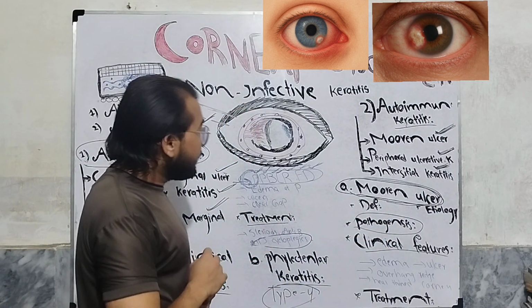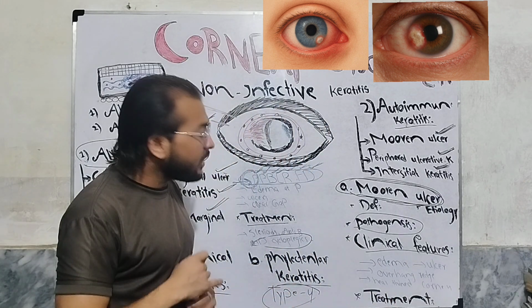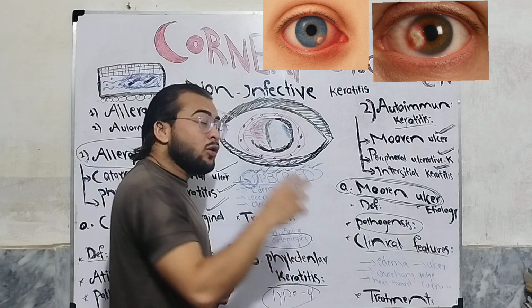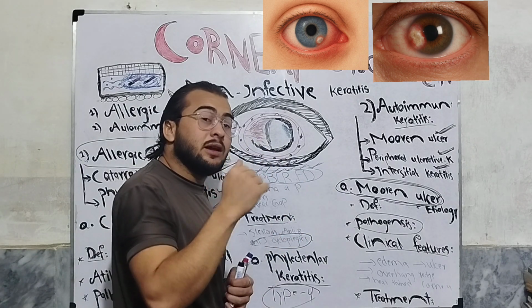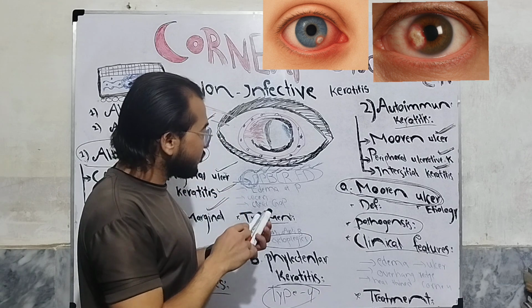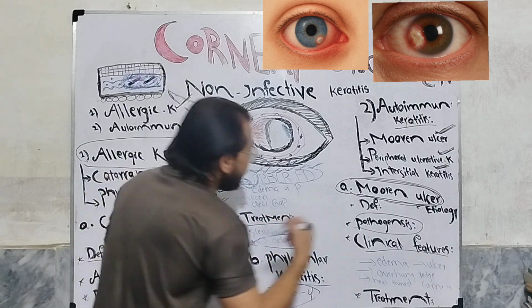Okay, the treatment. How can we treat the condition? As the ulcer is chronic, painful, progressive, and can even be a sight-threatening condition, we should start the treatment with steroids.